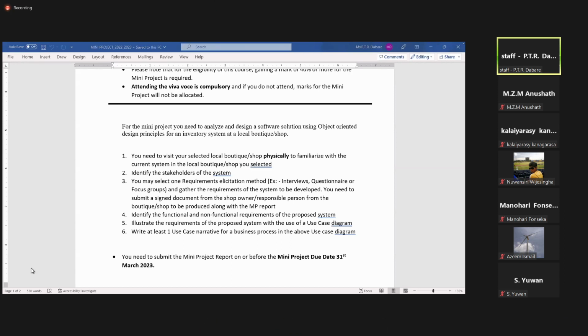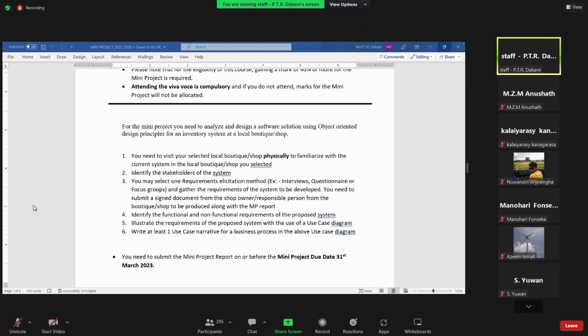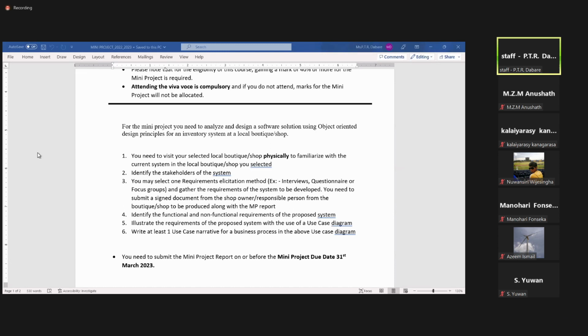No, don't think about a very big company. Don't go for, like, CBL. They have well-defined systems, well-prepared by software engineers. Don't go for places like that. You have to go to a place where they don't have a very big system already in place.